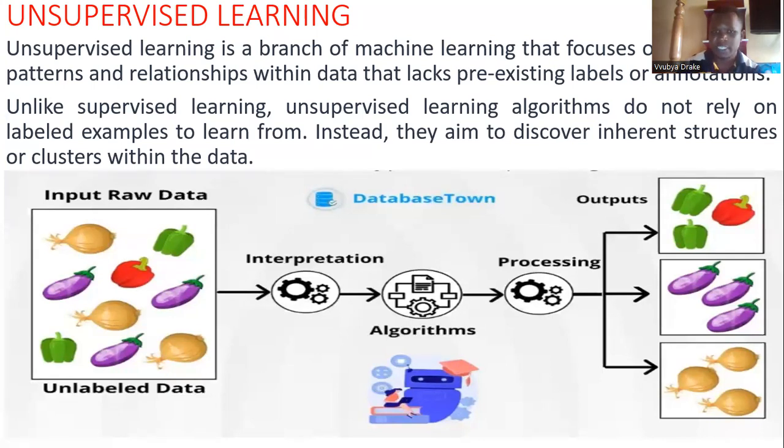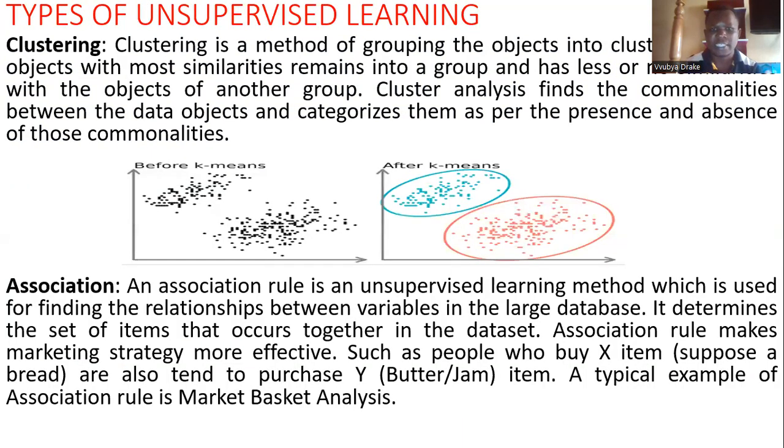So we give it all the data, and it will use its own algorithms without any supervision to group different outputs together, making clusters or associations. So we have clustering and association. With clustering, we are grouping different data together. Then with association, we want to find insights or relationships between different kinds of data.